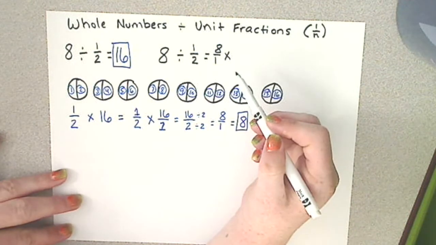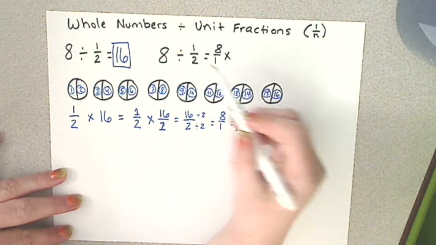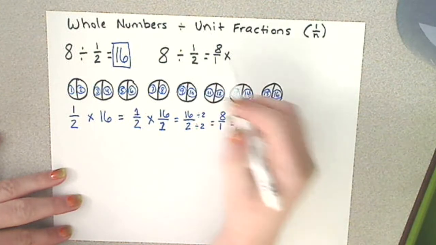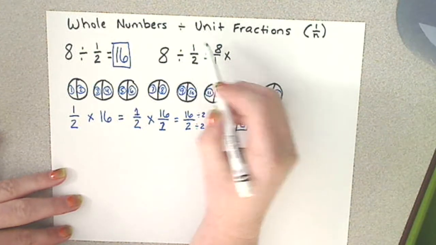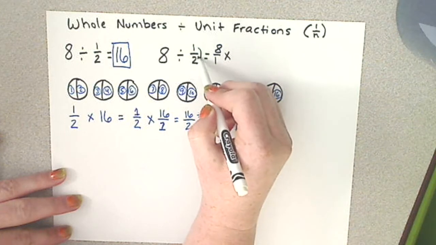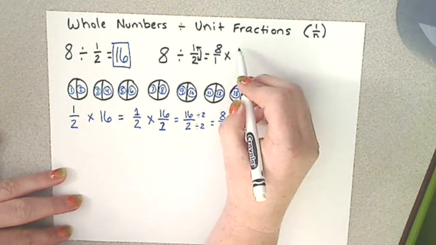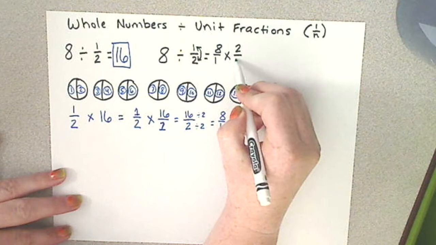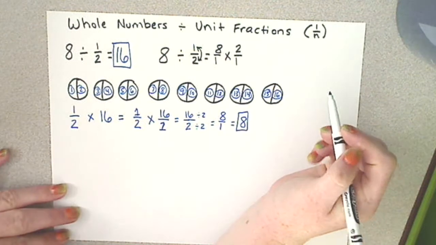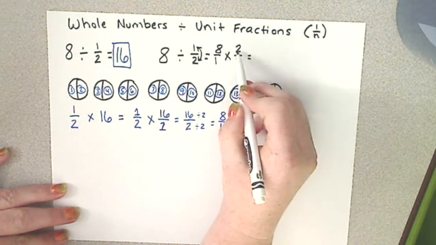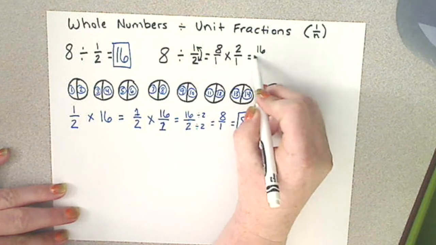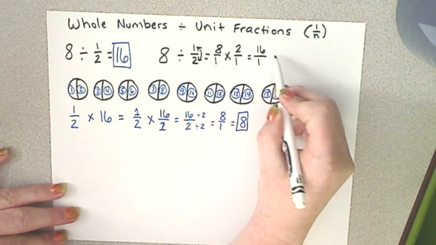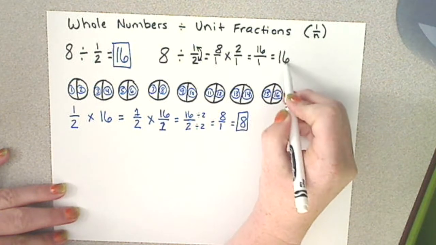And we need to take the reciprocal of our second factor, which means we're going to flip the 1 and the 2. Okay, so then you have 8 times 2 equals 16. 1 times 1 equals 1. 16 over 1 equals 16.